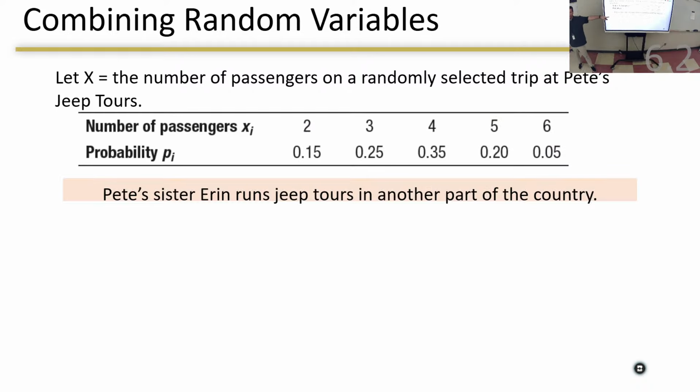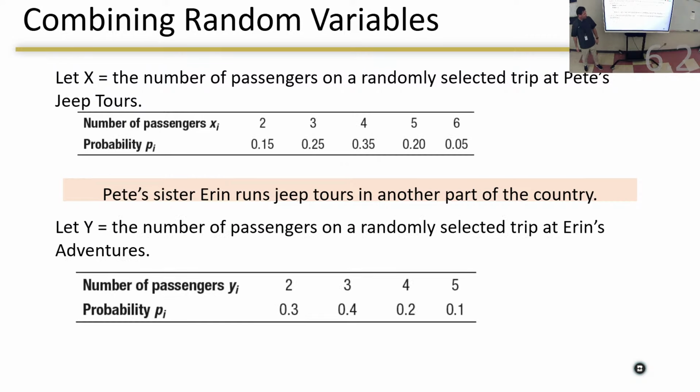Pete has a sister, Erin. Erin also does Jeep tours. Erin can only go from 2 to 5 people. Her Jeep's not as big as Pete's. Okay with that? I can find the average of Erin pretty easily. This times this plus this times this plus that times that plus that times that, and I have the average there.